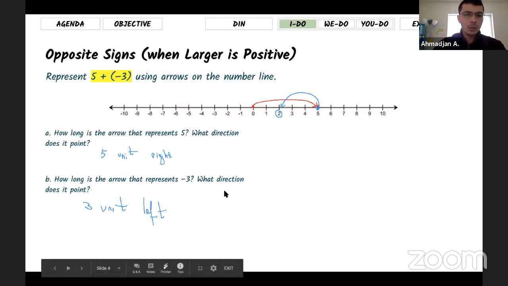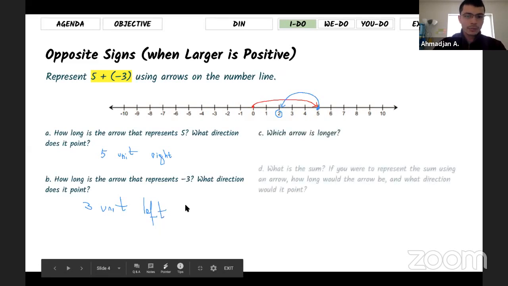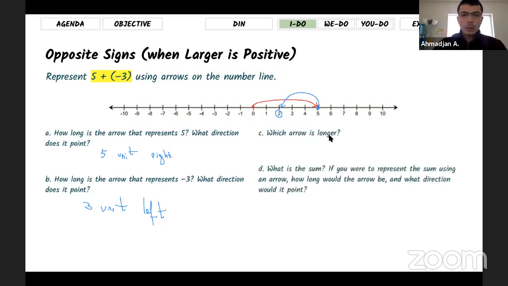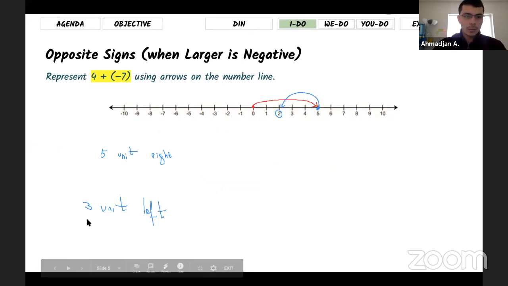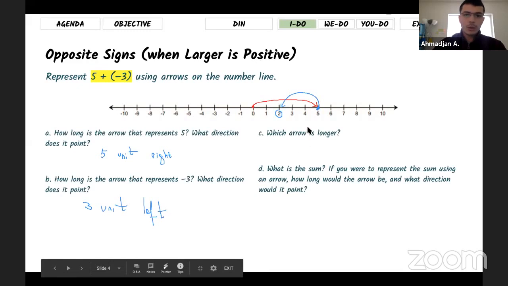So these are the two different clues. Next question: which arrow is longer? As you see, the red arrow is longer, which is arrow 5.